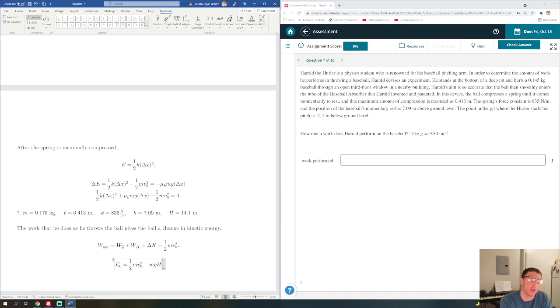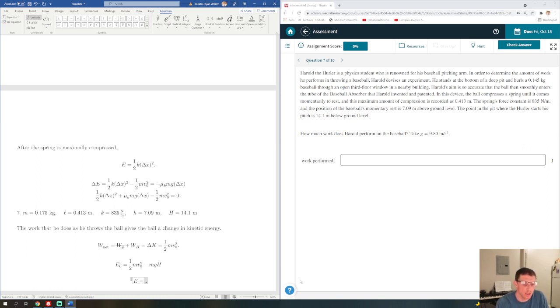Because you can have negative gravitational potential energy. There's no reason you can't. And the bigger idea here is that only a change in gravitational potential energy is meaningful, not a specific value in and of itself, right? So this is my initial energy. Then we can look at what the final energy is.